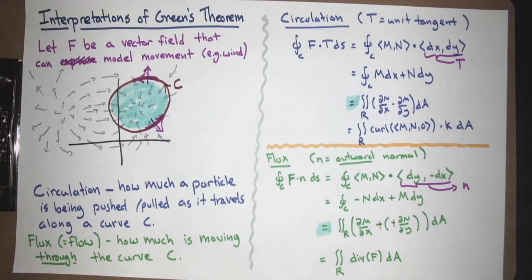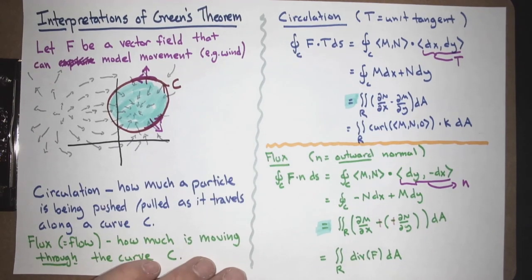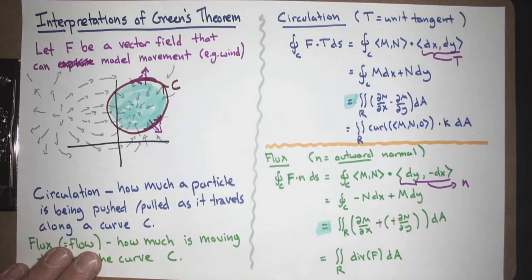And spoiler alert, it's already written down here, but what is this? Divergence. So it turns out that if I want to know what's flowing through the boundary, I can answer that by saying what's happening on the interior with the divergence.